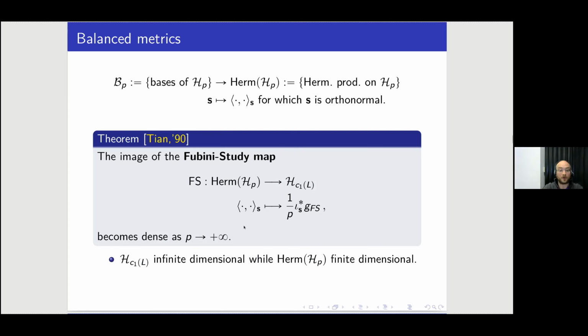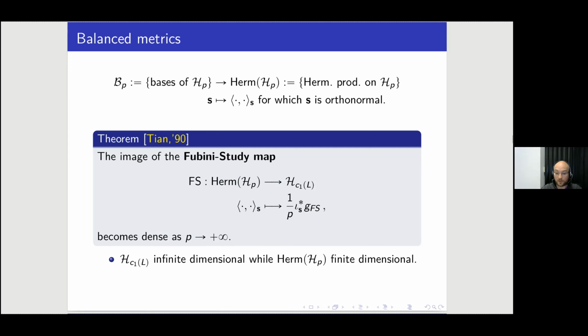And the key point here is that the space of Kähler metrics is an infinite dimensional space, and even so it makes sense as an infinite dimensional symmetric space. You need to make sense of that, of course. While the space of Hermitian products on H_P is a finite dimensional symmetric space, right?